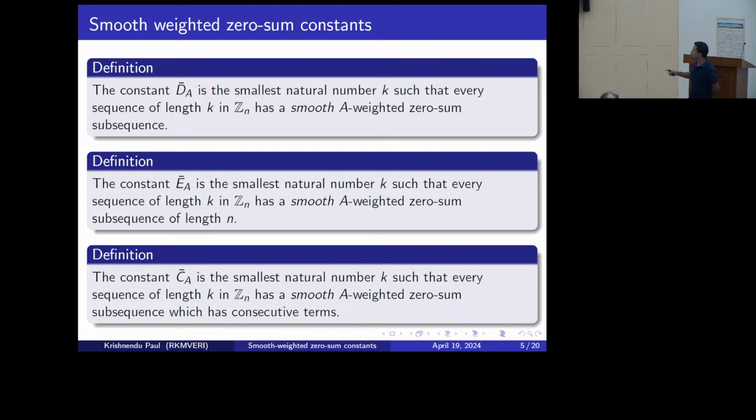And for the relation with the previous weighted versions, obviously here there is more restriction, so it will be greater than or equal to the weighted version.